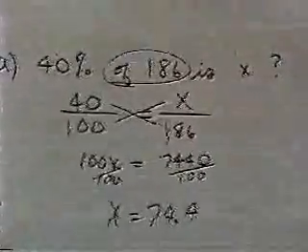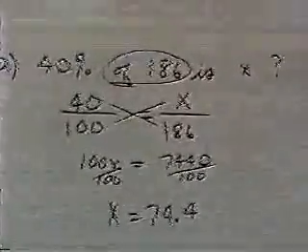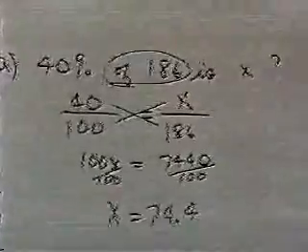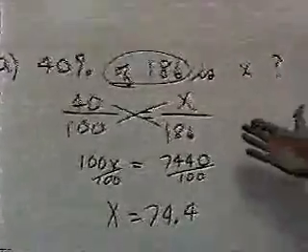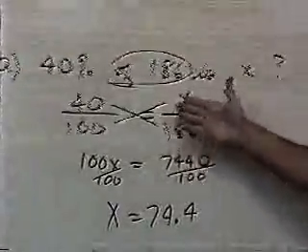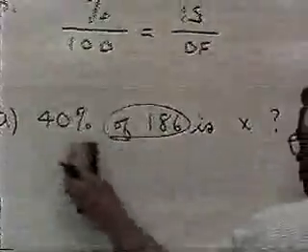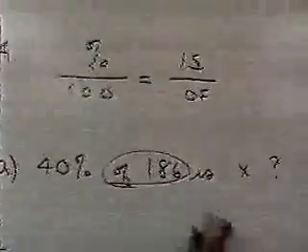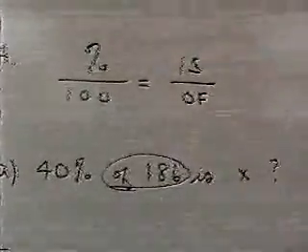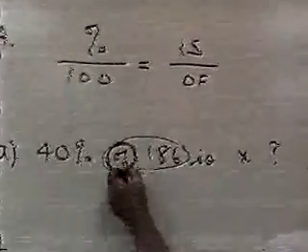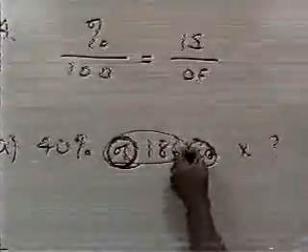Now, I want to show you another way of doing this. This is the way I think most people explain how to solve these kinds of problems. But I think there's another way of doing it that's just as good, and sometimes it's a little shorter method. And that's this. The word of is multiplication, and the word is equal.